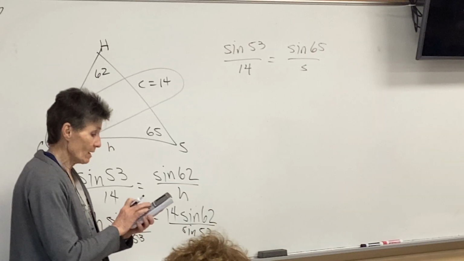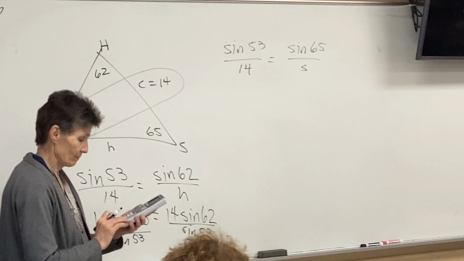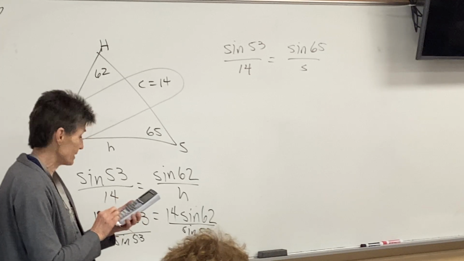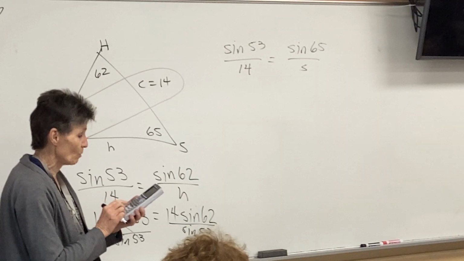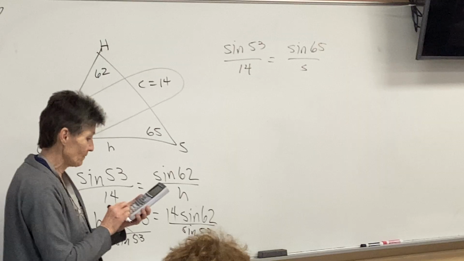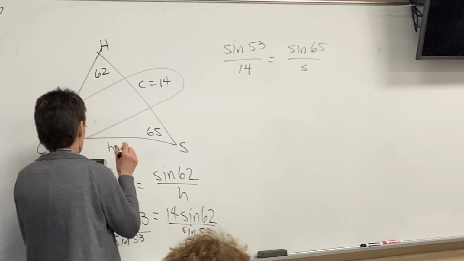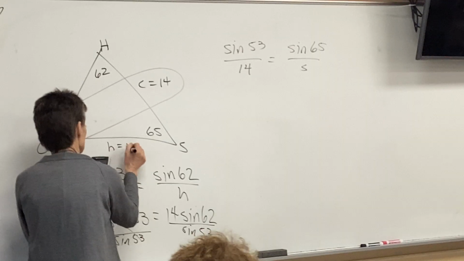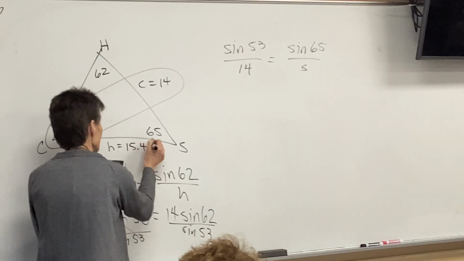So then I go to my calculator. 14 sine 62, and what am I always harping at you about? Close the parentheses. Divided by sine 53. What was that? H. For little h, did you get 15.48?